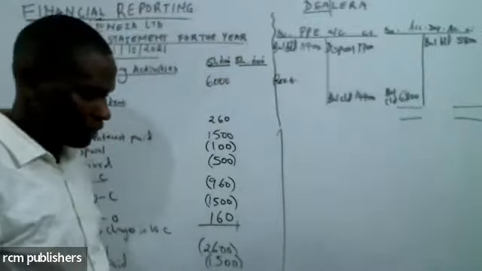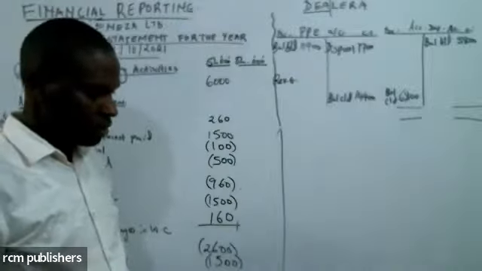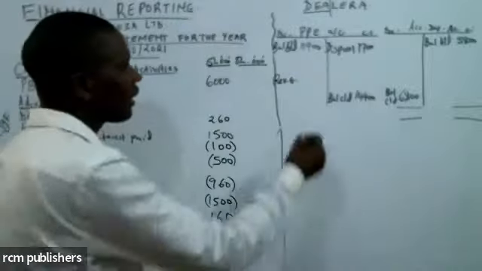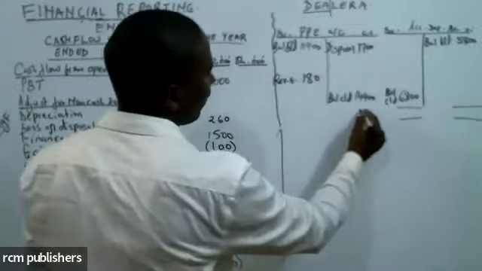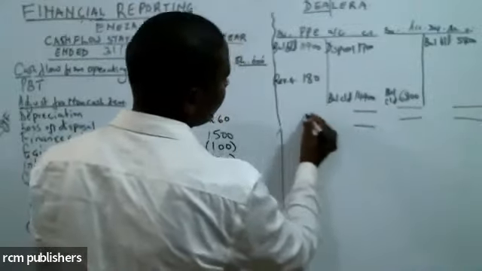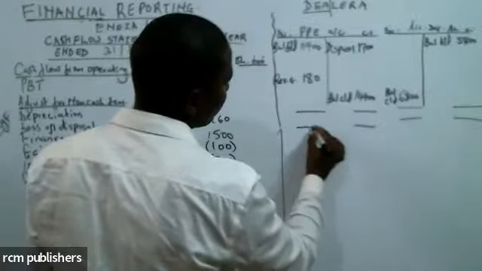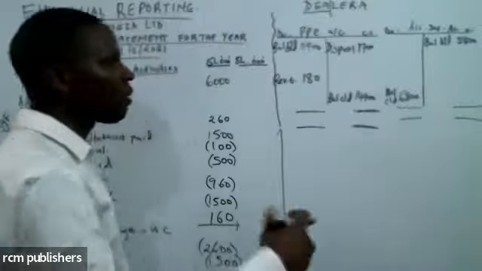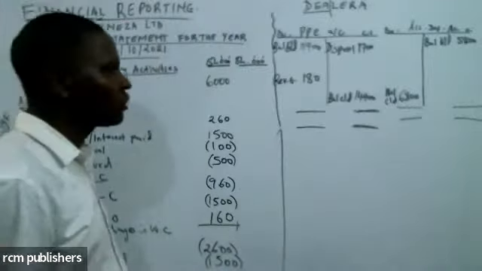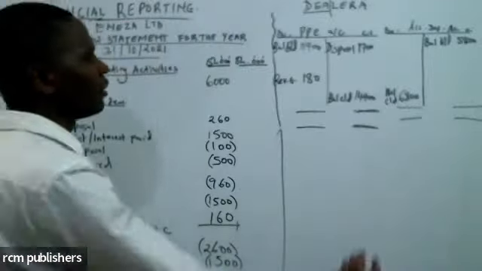Valuation gain ni ngapi? Kiangalia vizuri. Valuation gain ni 108, the difference. And then you check whether there was acquisition of PPE. Wali acquire ama wali use more. So balance the account. Please balance the account.